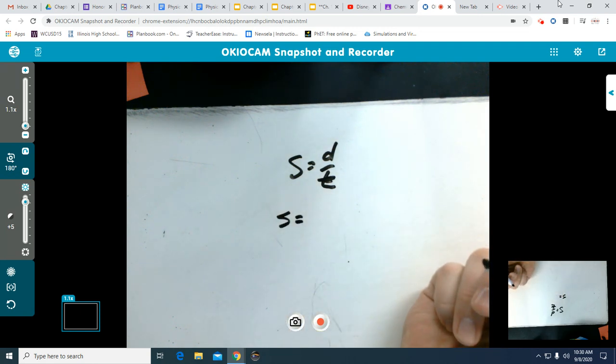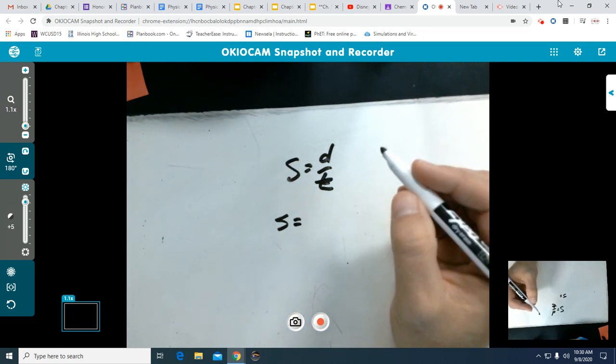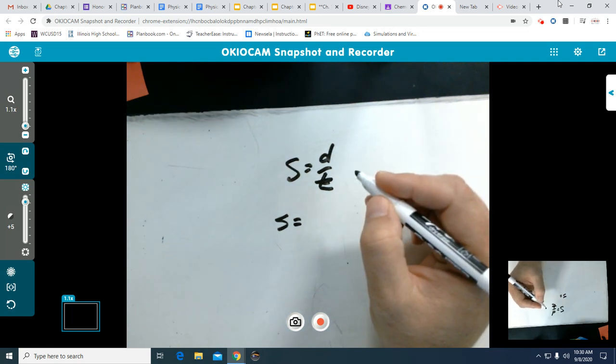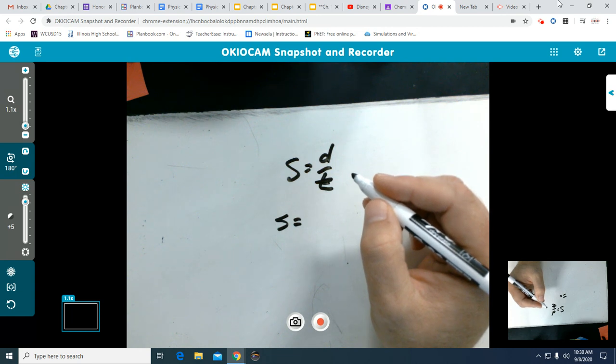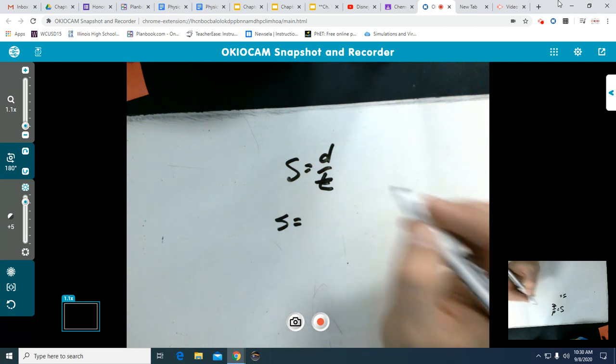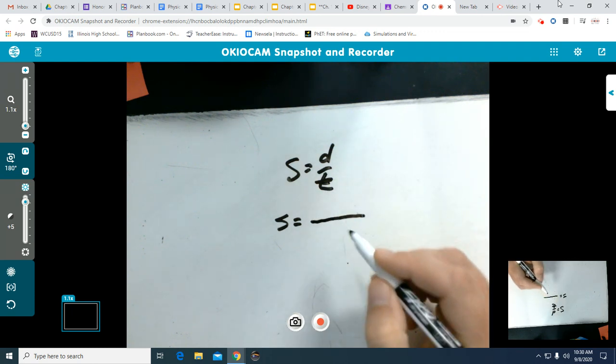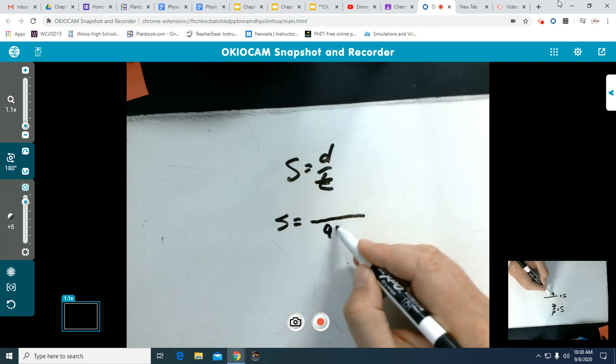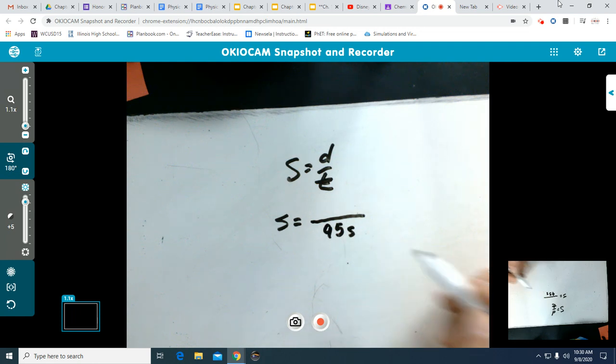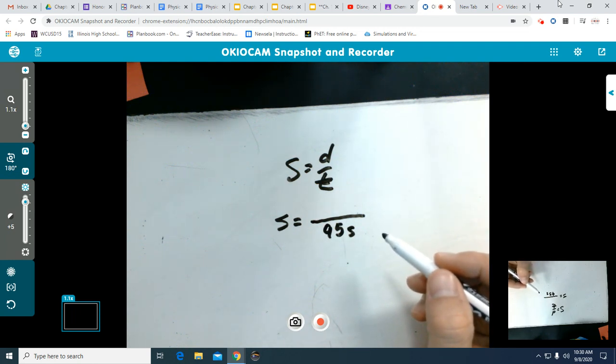So, once I've determined that I don't need to switch it around, I go ahead and just plug in what I know. So we have the fact that it takes this individual 95 seconds. Does that go on top or bottom? Bottom, okay. 95 s.